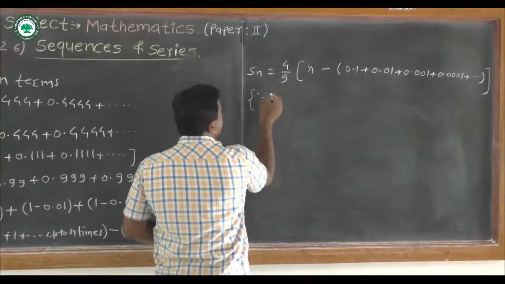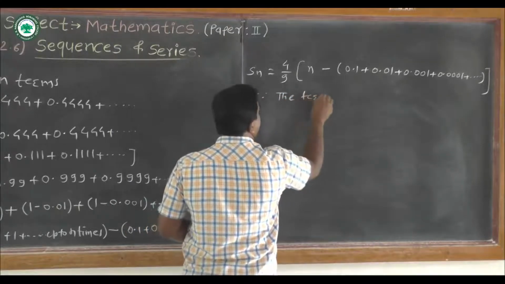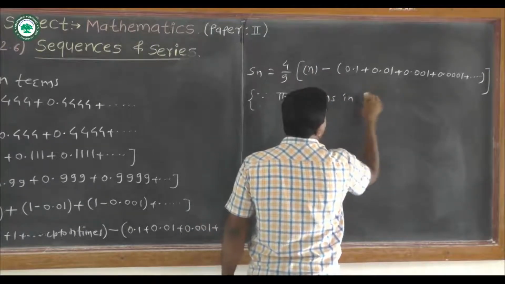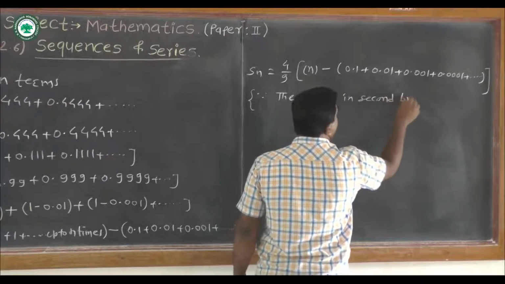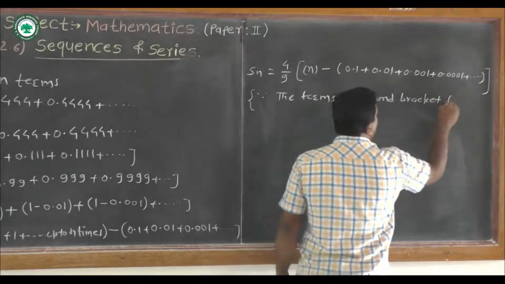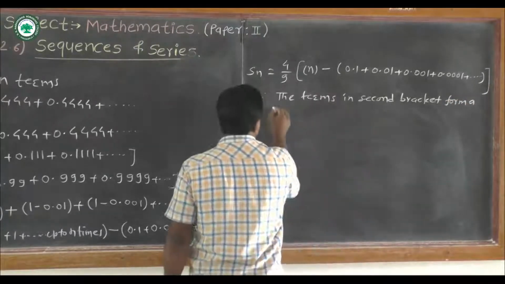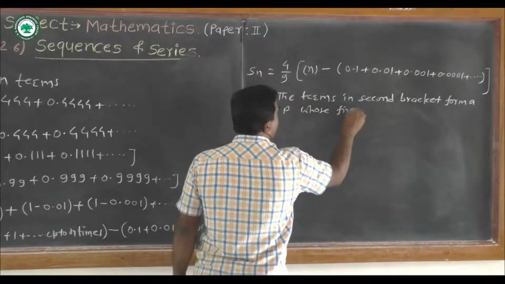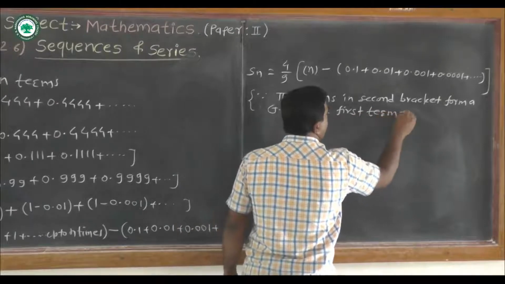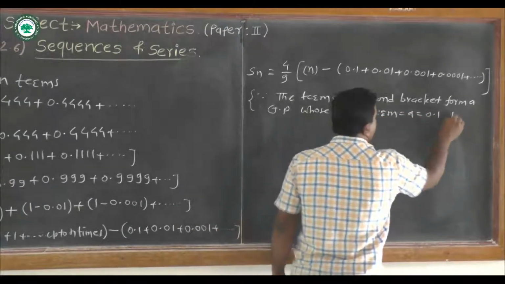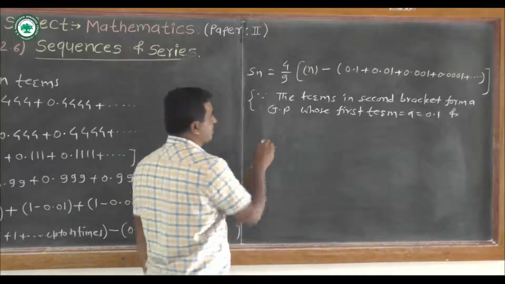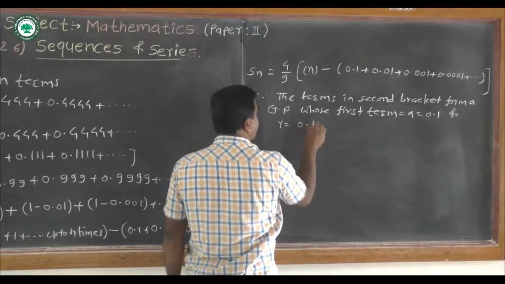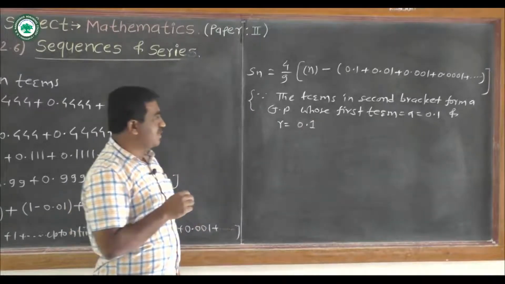Write the reason: the terms in this second bracket form a geometric progression whose first term is a equal to 0.1 and common ratio r is equal to 0.01 upon 0.1, which means 0.1. Therefore we can use formula for Sn here.